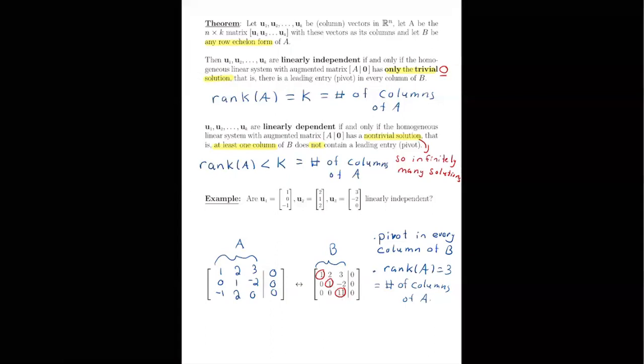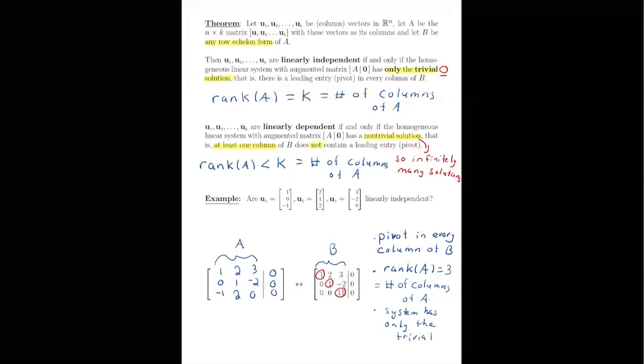Again, just to be thorough, because there's a leading entry in every column of B, this system has only the trivial solution.